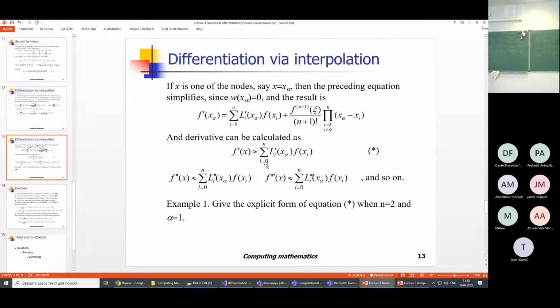I do not rewrite this formula, but in your papers you can rewrite it. This is P2 of x, but let's find P2 prime of x that equals the derivative of this formula.